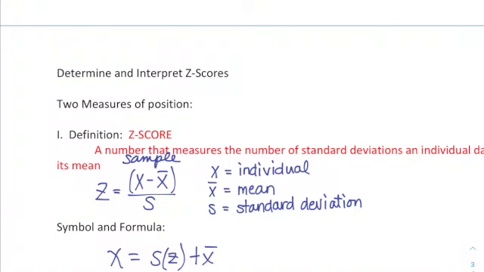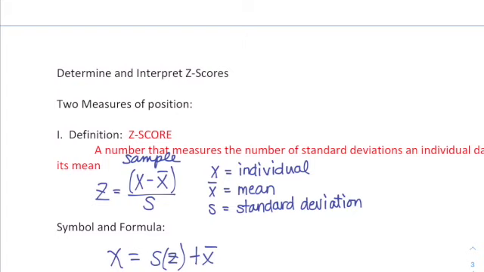Okay, so just to really quickly recap the symbols I just put down. Z stands for the z-score, how many standard deviations away. We are talking about samples because talking about population gets a little bit crazy. The numbers are a little bit harder to digest and understand. So in this case, we're going to talk about the individual. So X stands for an individual piece of data. X bar means the mean, which is adding all the data together, divided by how many there are. S stands for standard deviation.